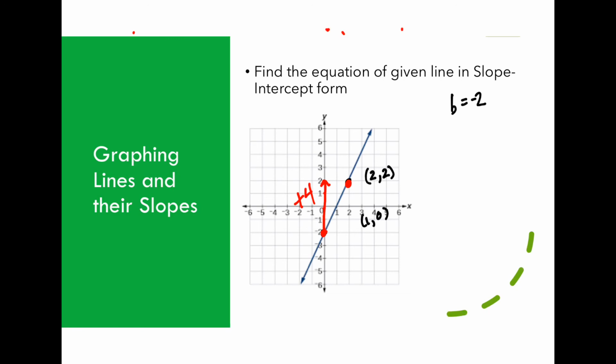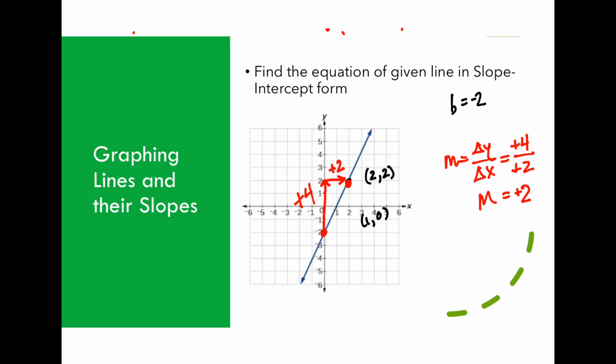And then once I rose to get to the other point, I also would have needed to go to the right 2 units. All right, so again, slope is change of y over change of x. In this case, my change in y, my change in height, was 4 units, and my change in x was 2 units. And 4 divided by 2 is +2. So in this case, I see that my slope is 2.